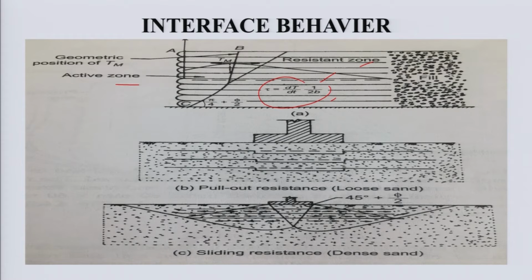This is the other, the pull out resistance of loose sand. Here we can see the reinforcing bar is deformed or displaced at the center. So, the sliding resistance for the dense sand, we can see here there is no displacement in the reinforcing bar.